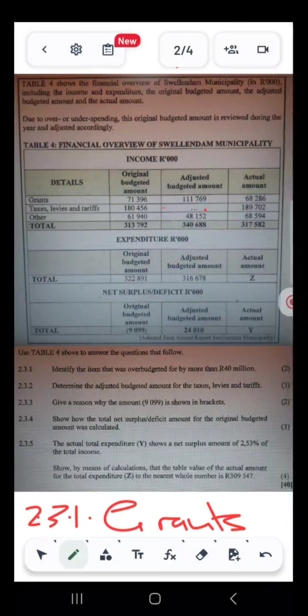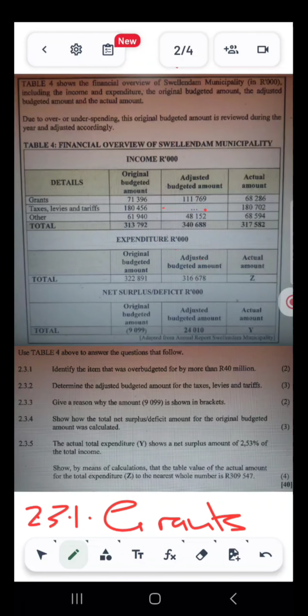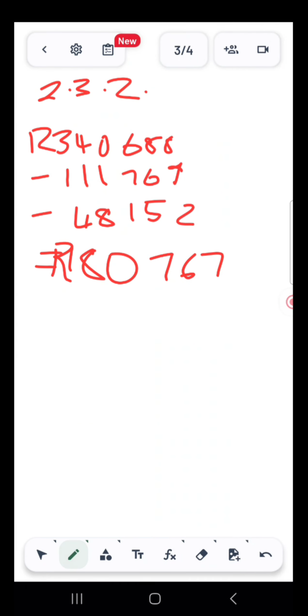Now, question 2.3.3. Question 2.3.3 says, give a reason why the amount 9 million and 99,000 is shown in brackets. So they want to know what these brackets mean. According to accounting, when you see brackets, people will say it's a deficit. What is a deficit?